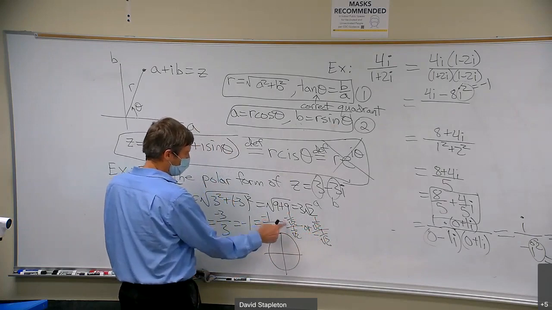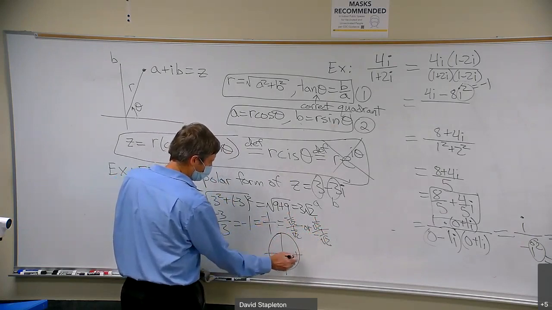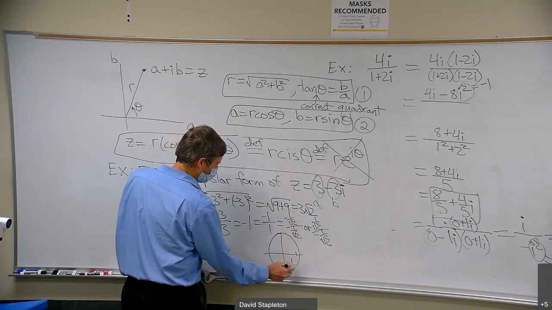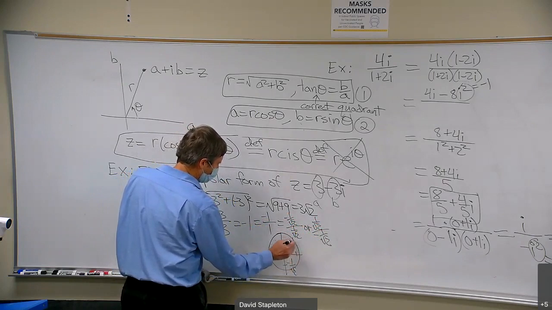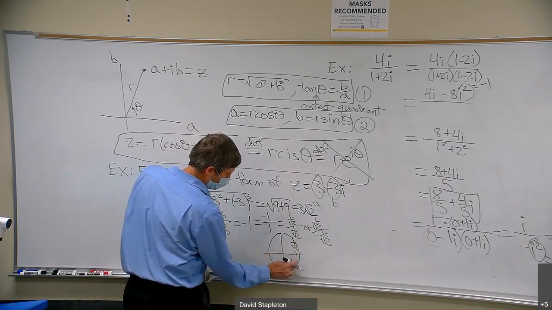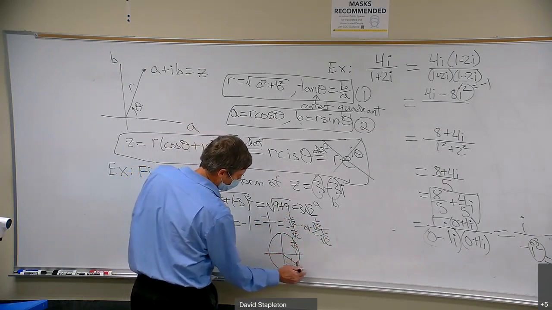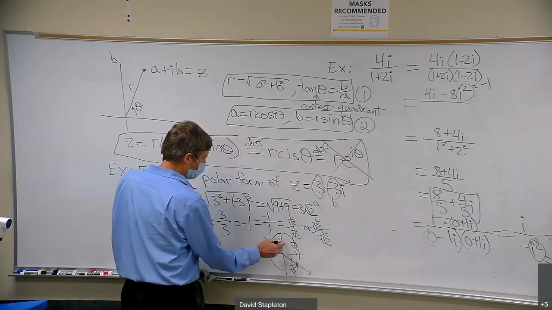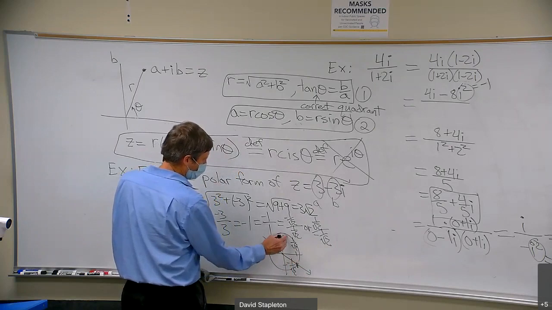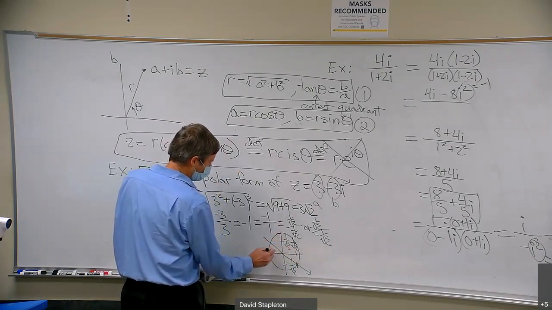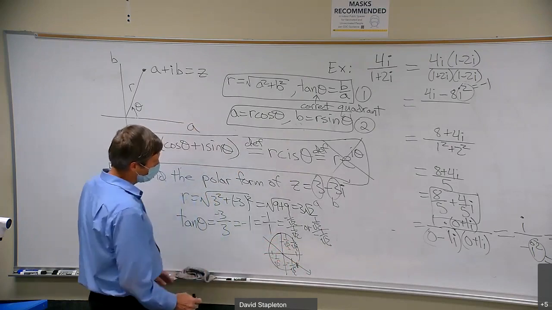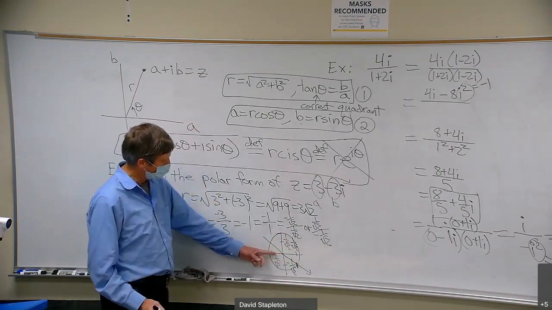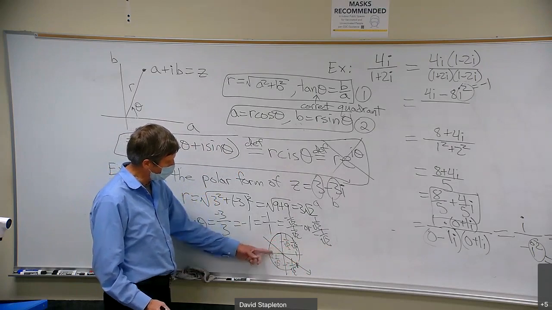So y could be negative and x positive, right? Negative 1 over square root of 2, positive 1 over square root of 2. We get that point on the unit circle. Or we could get the opposite direction: y is 1 over square root 2, and x is negative 1 over square root 2. And we figure those angles, since it's square root 2 over 2 or 1 over square root 2 this way and this way.